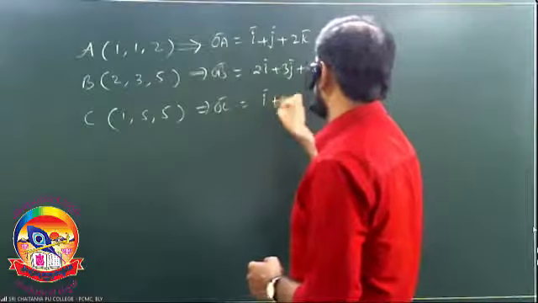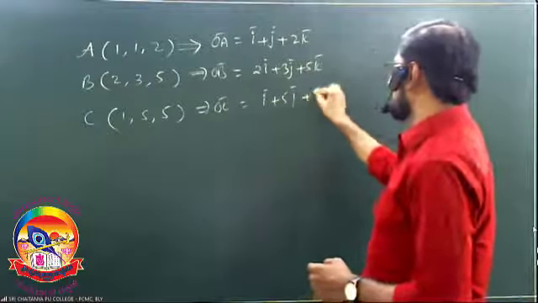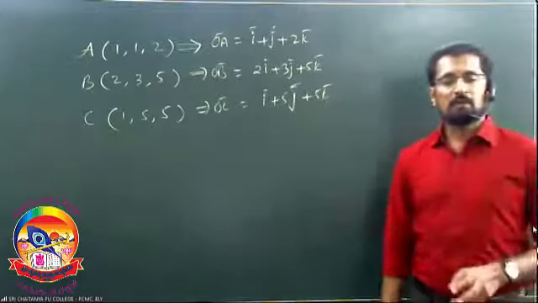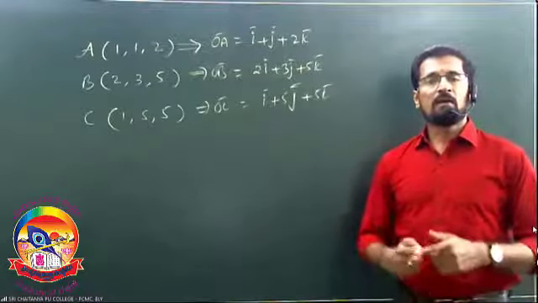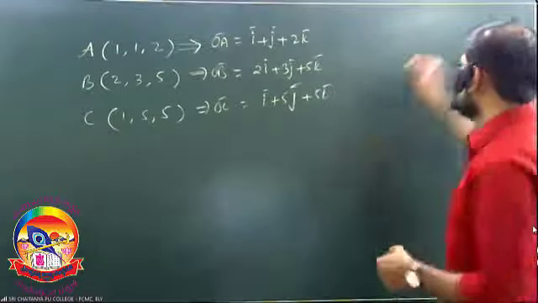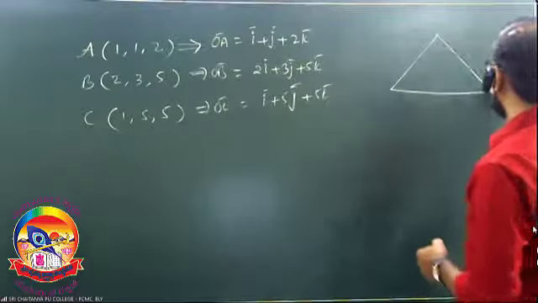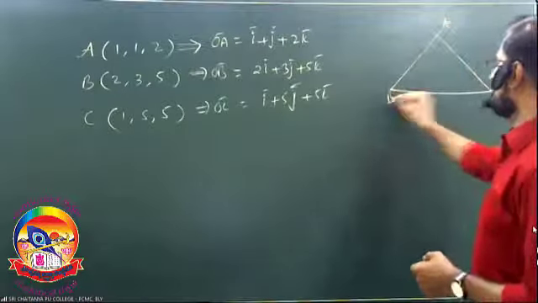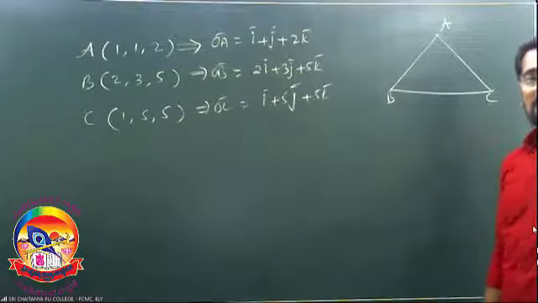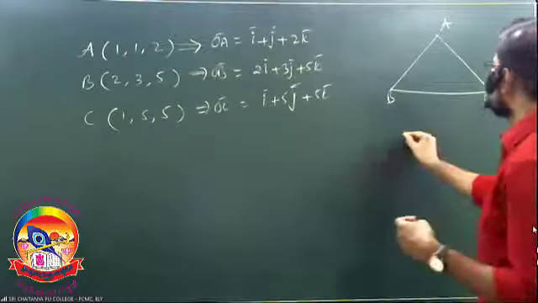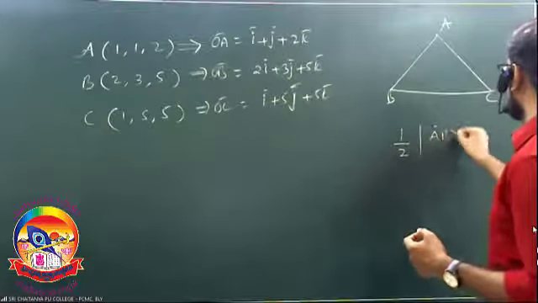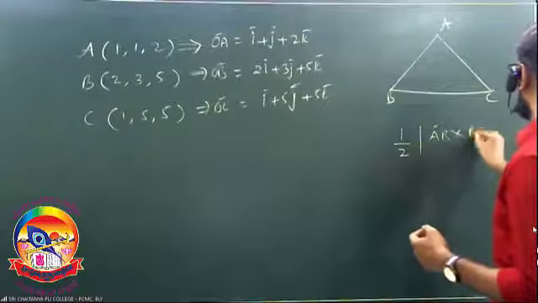Now, to find out the area of triangle, we require two adjacent sides. Yesterday itself, in the proof, I have proved that the area of triangle formed by the three vertices, you can write as 1 by 2 into modulus of AB bar cross BC bar.